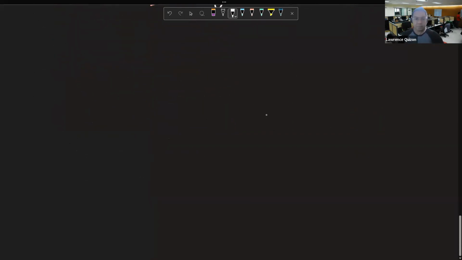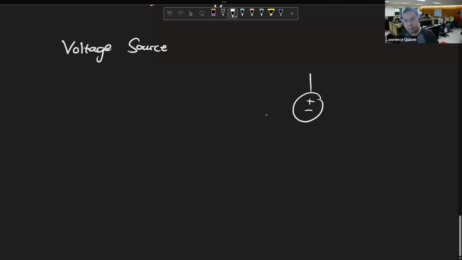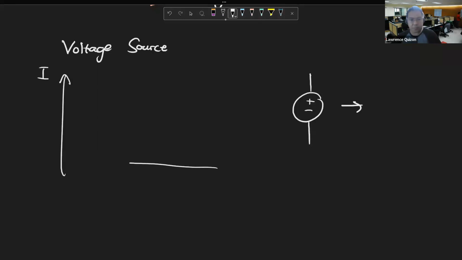All right? Next, voltage source. Let's see what it turns into. A voltage source has an IV curve that is like this.